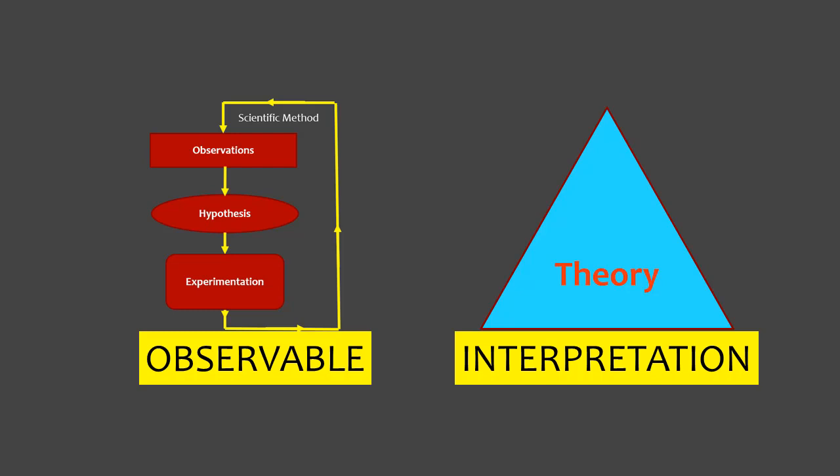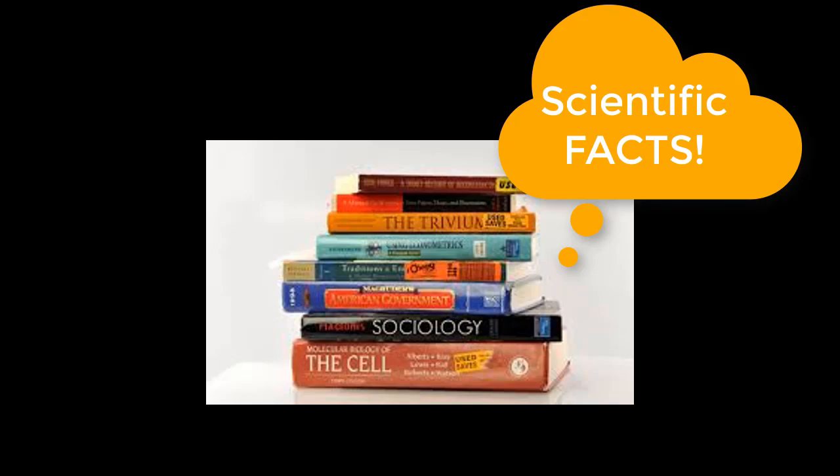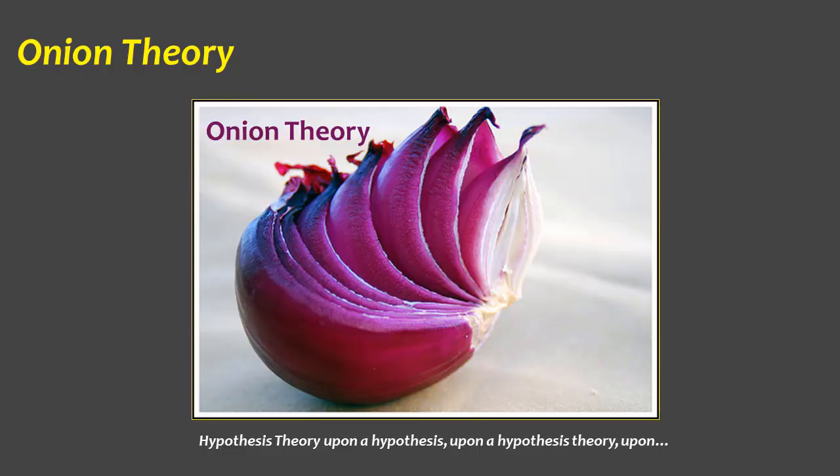Now, a lot of this is because it's impossible to do, but the reality is these ideas, which are presented to us in the textbooks as scientific fact, are nothing more than interpretation of the data and just a pure theory.